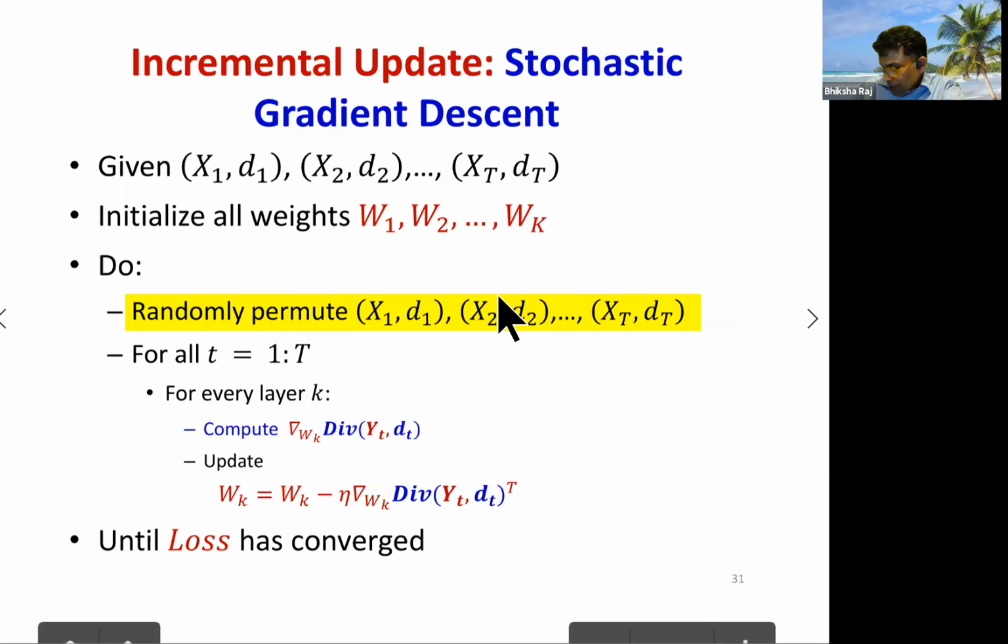Now, in principle, this is the same as randomly sampling our training instances without replacement for each update. So this is a stochastic update method, specifically stochastic gradient descent.